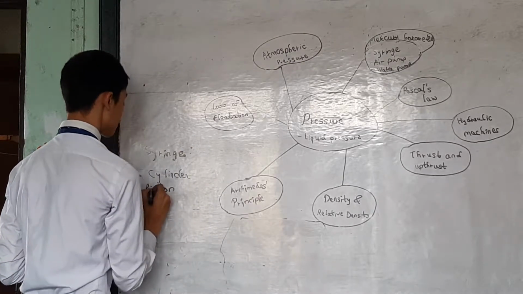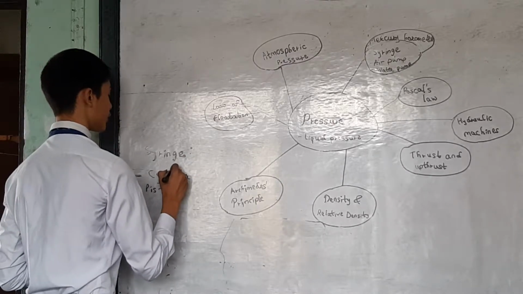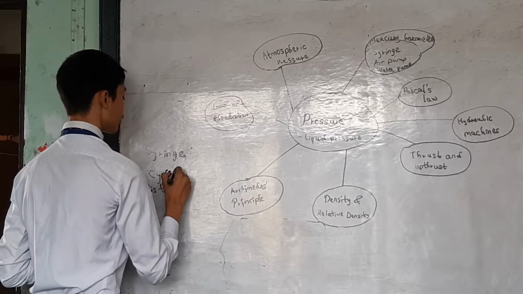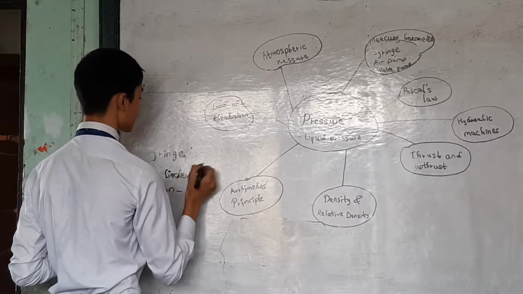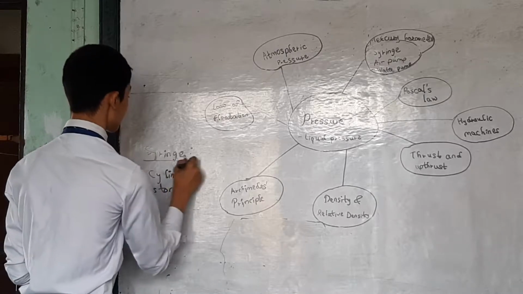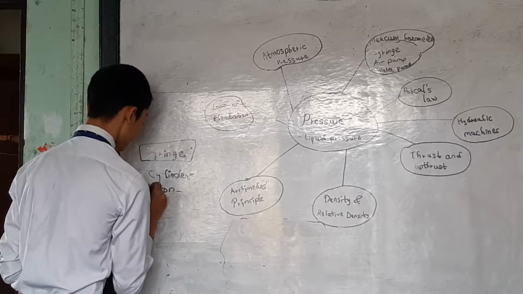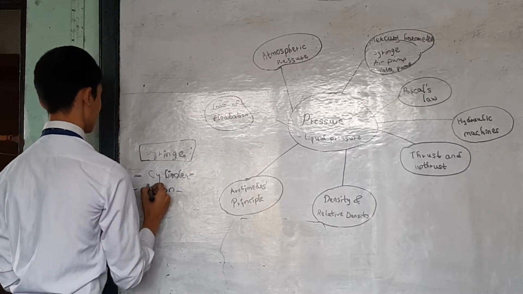The needle-like structure of the syringe is known as piston, and the remaining hollow structure is known as cylinder or syringe. Now, this syringe works based on two processes. They are pulling the piston and pushing the piston.